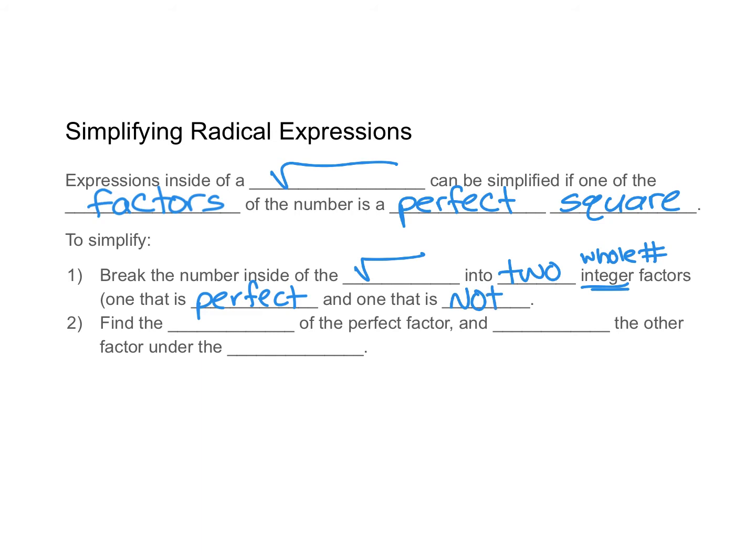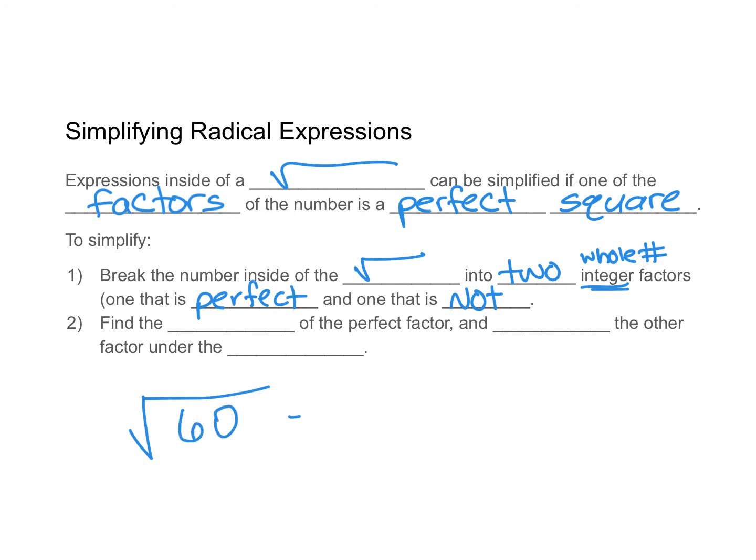Once you do that, you break that into two factors. So let's do an example of this as we work this problem. If I asked you to find, let's say, the square root of, I want to use one that I don't use later on in this, let's go with 60.